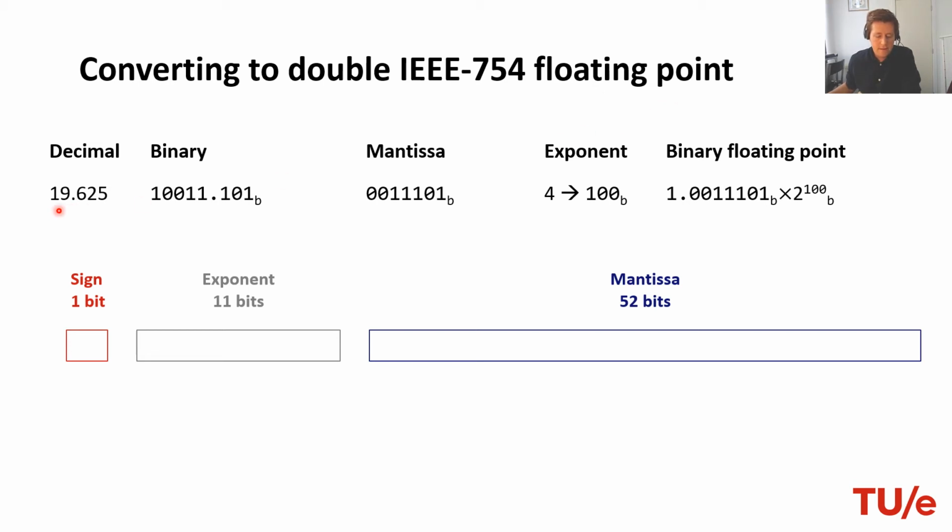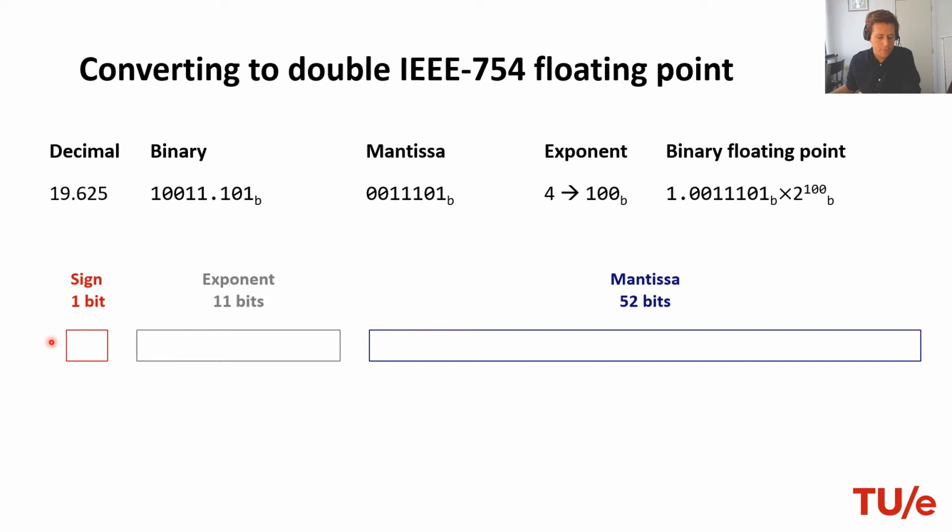Now in previous slides, we looked into converting this into binary, separating out the mantissa, taking a look at what the exponent would be and converting it to binary floating point. Now we will investigate how this number 19.625 is actually stored into computer memory according to the IEEE 754 floating point standard.